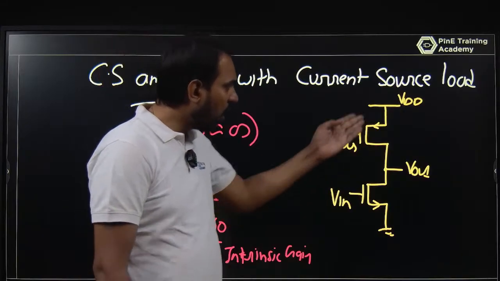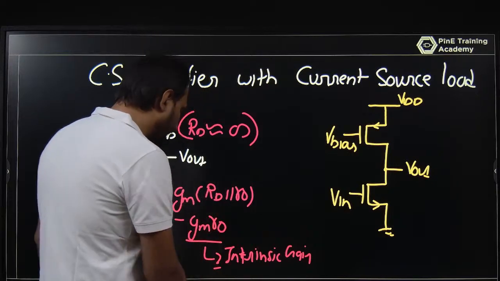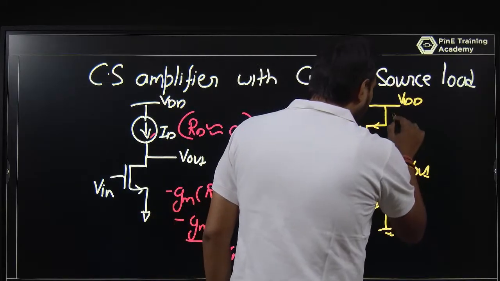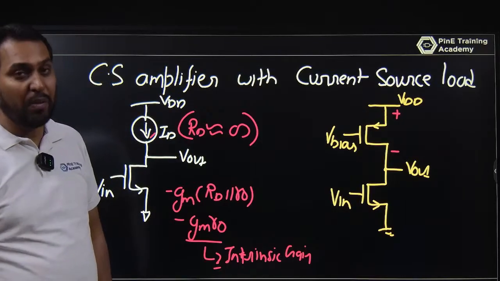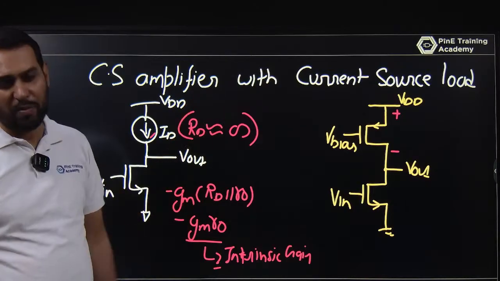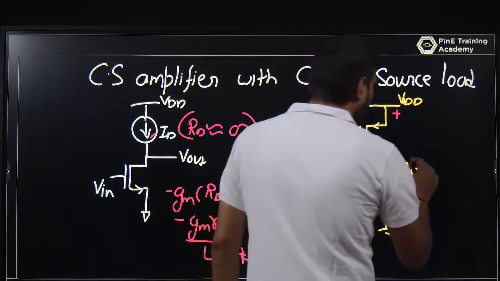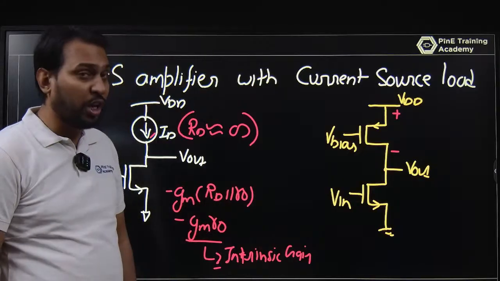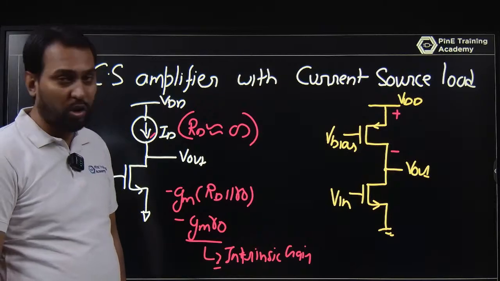And if you are talking about what maximum swing will be possible, you can say that V out is plus minus mod VD sat. For PMOS it is mod VDS, and for NMOS it is VDS. So in such a way you can say what is the maximum peak possible by this MOSFET if you are using a current source as a load with the PMOS.